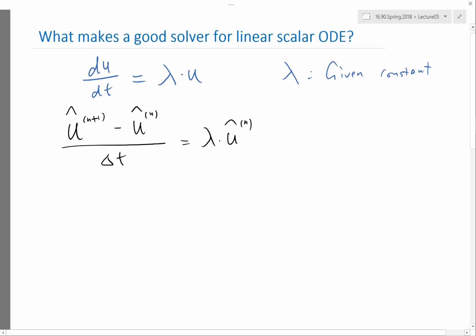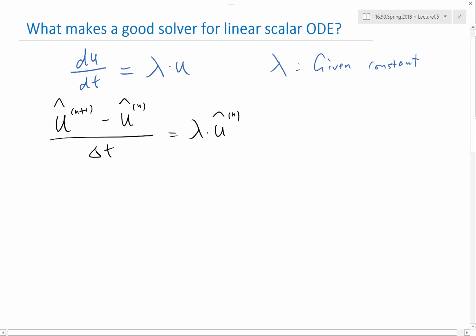If you choose to substitute the analytical solution into the same equation, you wouldn't get equal anymore. You would get approximately equal. Sorry, everything should be u. You get approximately equal to lambda times u n.